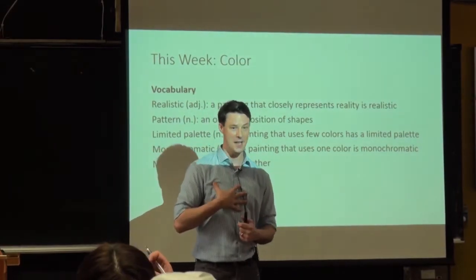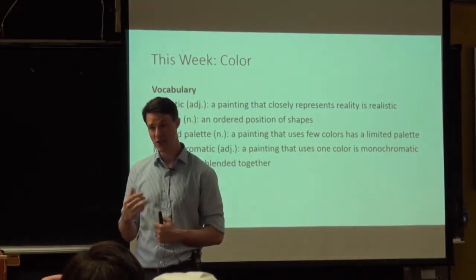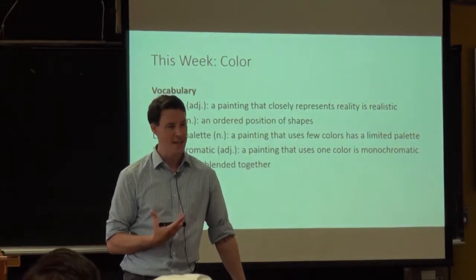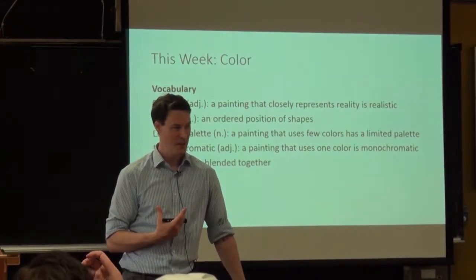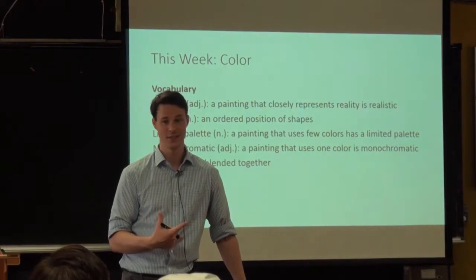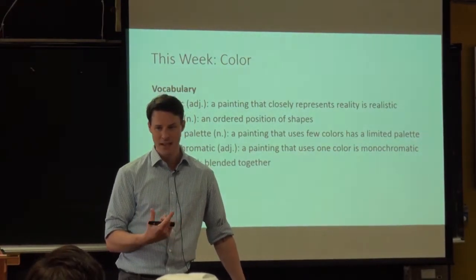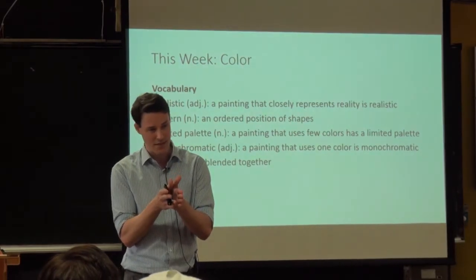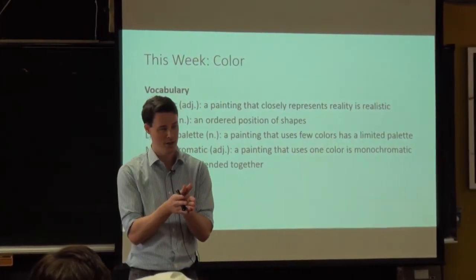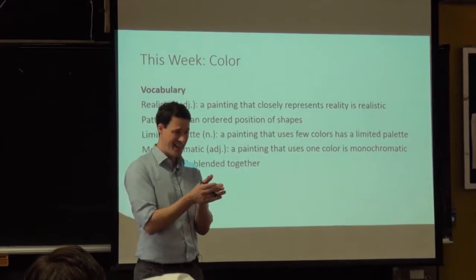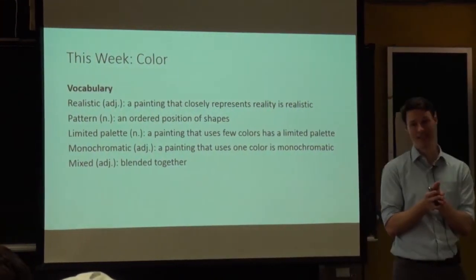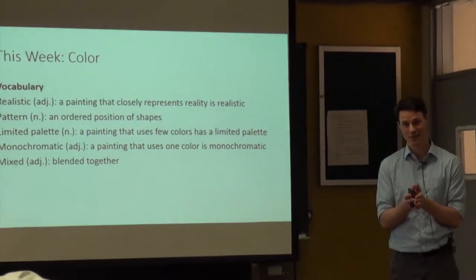So I could say the painter Van Gogh has a very bright palette because he uses a lot of bright colors. Limited means only a small number of things. So if an artist uses a limited palette, that means they don't use a lot of colors.